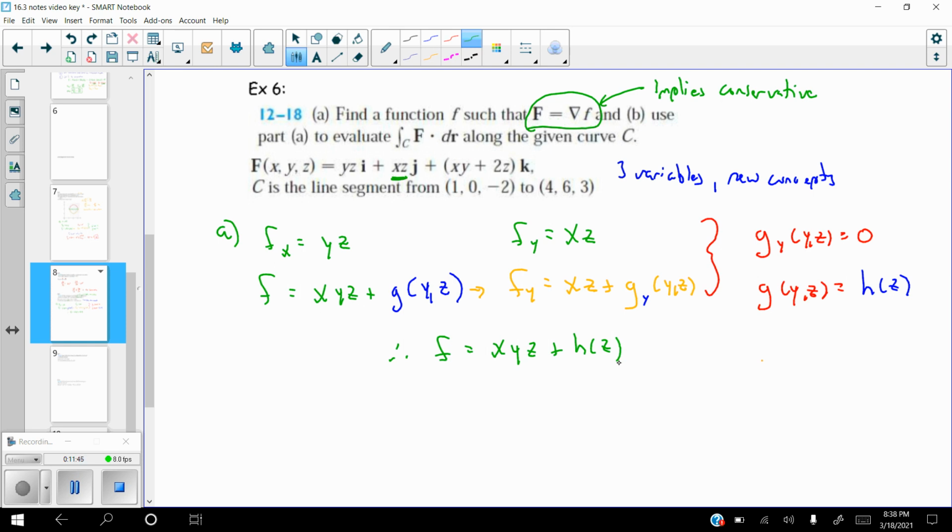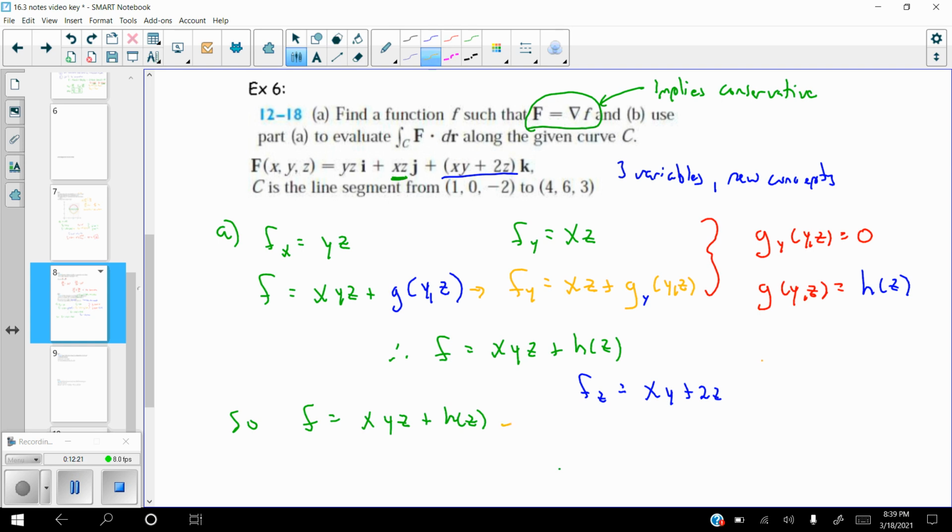But we have another component on this one. So if that is f of xy, f is going to be xyz, so let's write this over here. f so far is going to equal xyz plus h of z. But we know, and this is all new at this point, that f sub z is this piece, xy plus 2z.